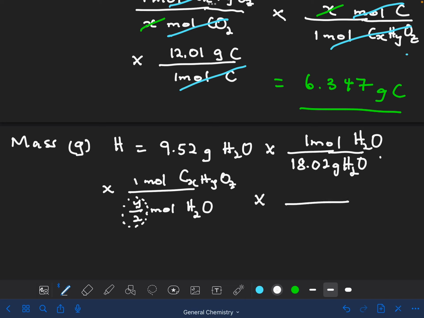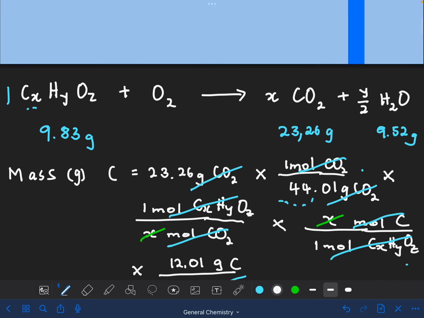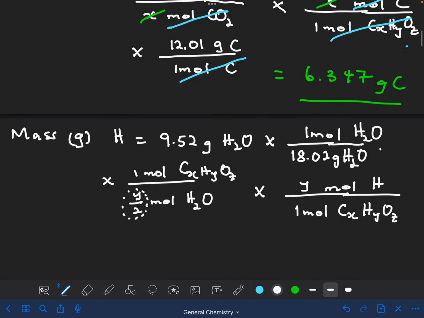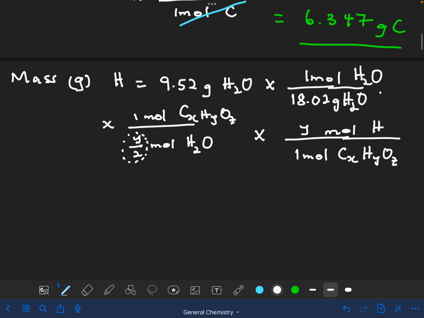Then multiplied by, for every 1 mole of our sample CxHyOz, there are Y moles of hydrogen. That is how I related the two over there.